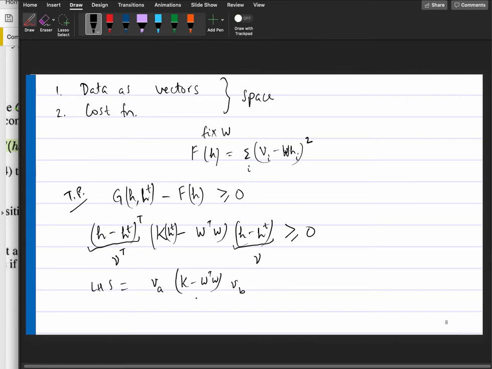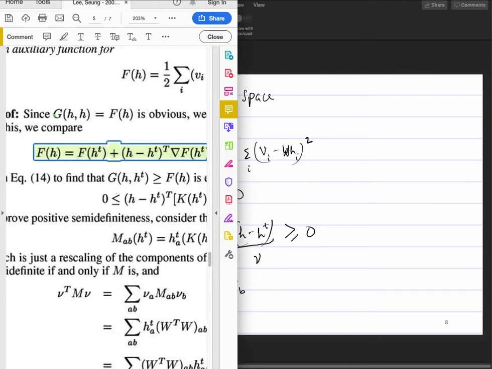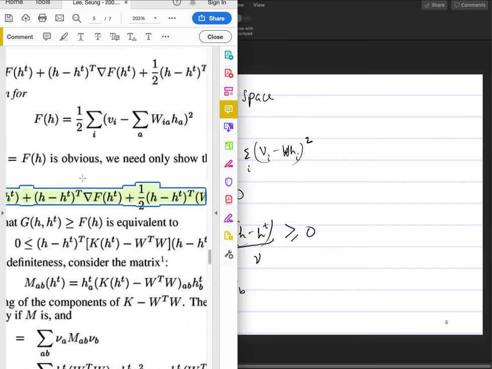Right? And now I can expand, summation over all AB. And how can you write it? You can say my K is, if you see the formula here of K, what was K?